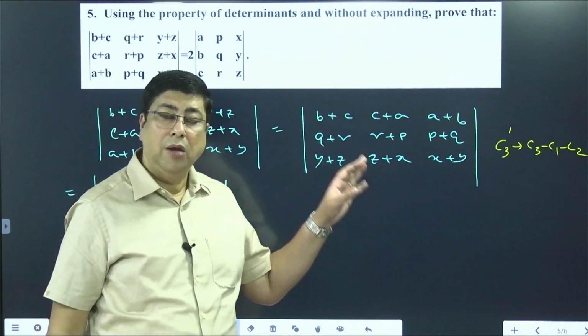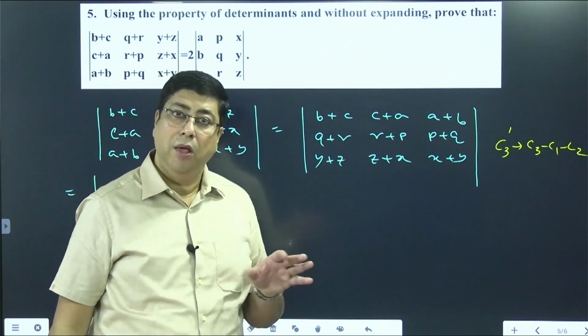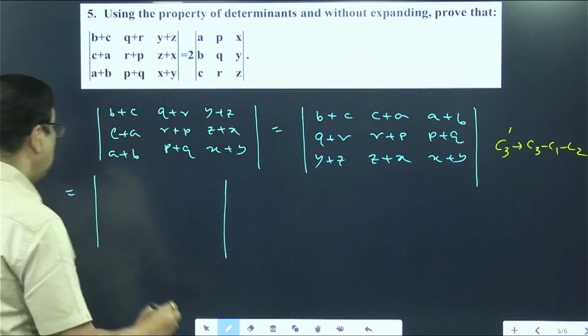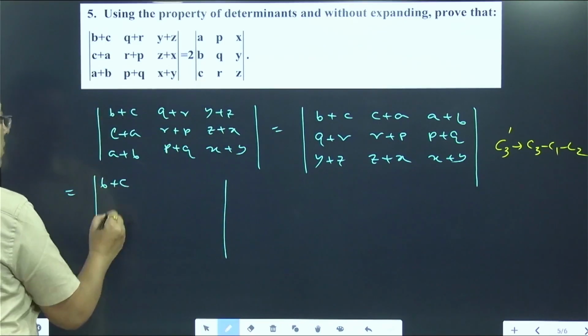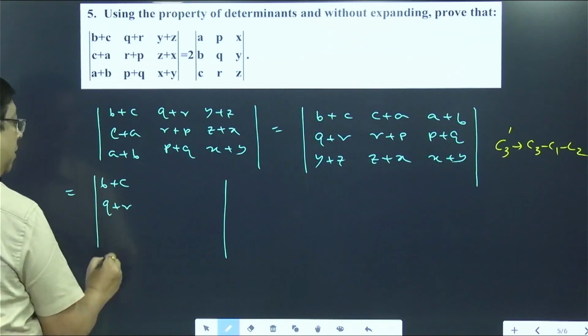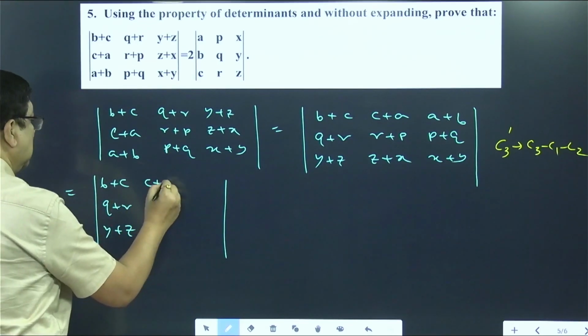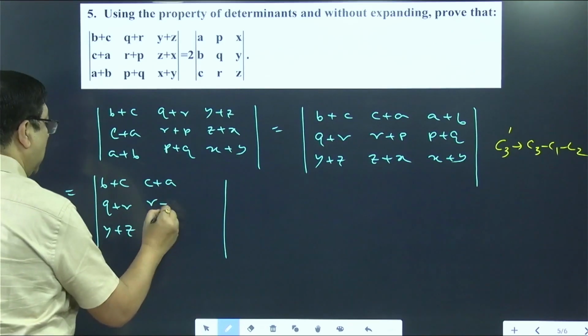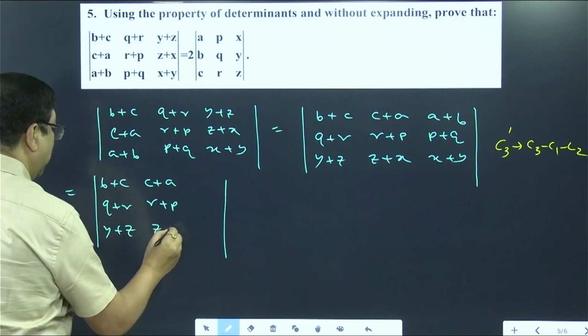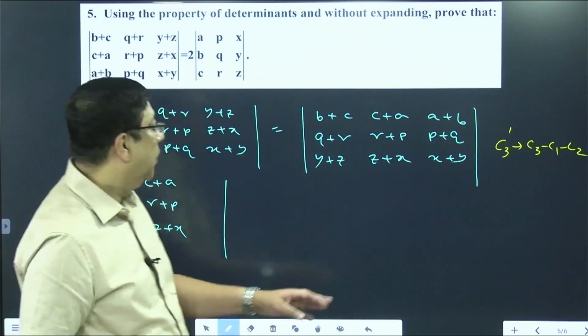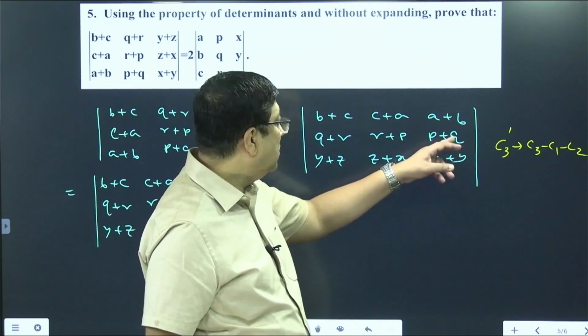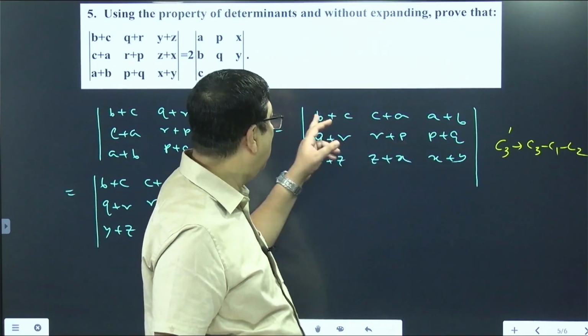So, C1 and C2, column 1 and column 2 remaining the same. Therefore, here we can write this as B plus C, Q plus R, Y plus Z, C plus A, R plus P, Z plus X. Just say one thing. On C3, the operation is C3 minus C1 minus C2.